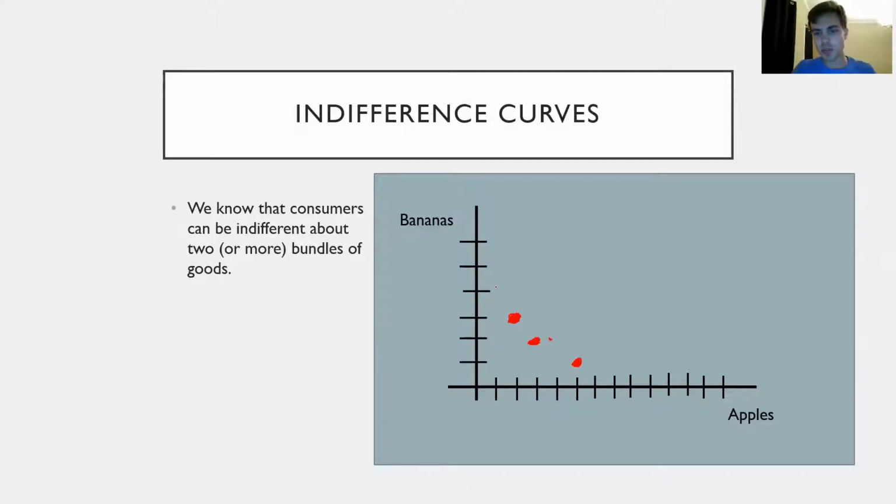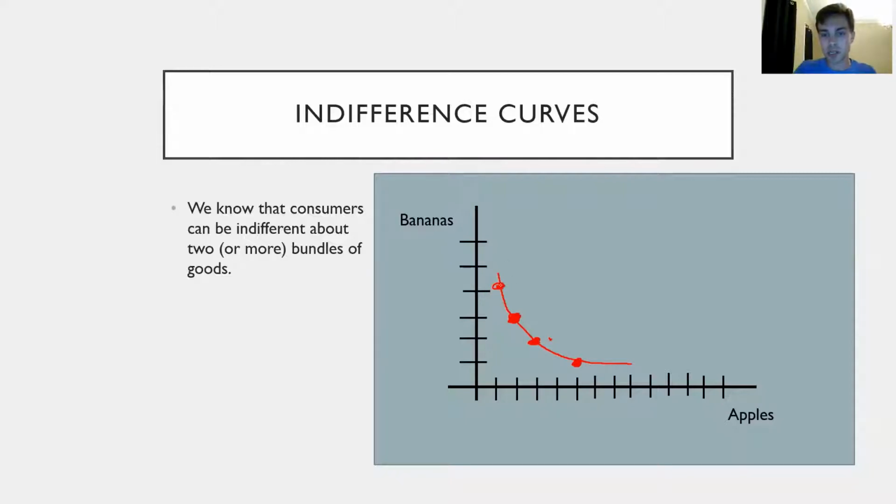And so what we can do is kind of connect these points by playing a little game of connect the dots. And this curve that we get by connecting these points is what we refer to as an indifference curve. And so it isn't just the 3 points on this line that all have the same utility. It's every other point that is on this line that has the same utility as all the other points on this line.